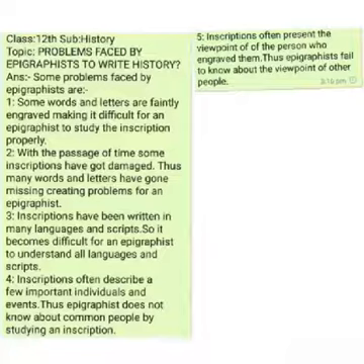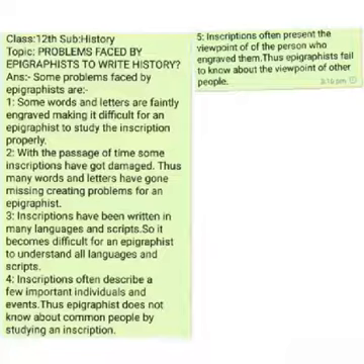It is not possible for an epigraphist to know every language. Therefore, if an inscription is written in a language which the epigraphist does not know, it becomes a problem for him to get information from the inscription.